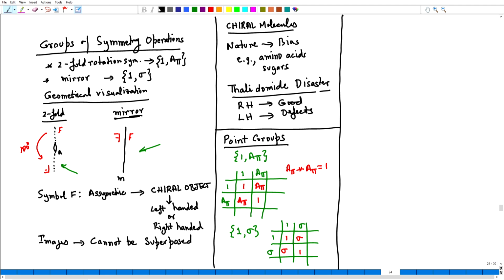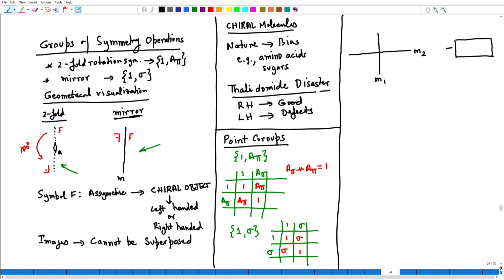So, let me start this with a mirror, I will call that as the mirror M1, and another mirror perpendicular to that is the mirror M2. Now, if I want to look at some geometric shape which would have these two mirrors, could be a rectangle out here.